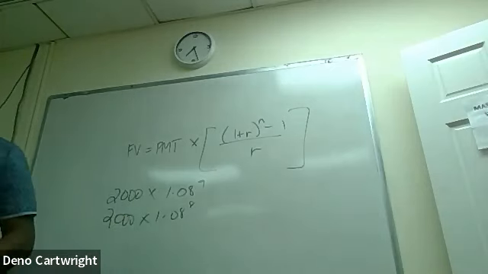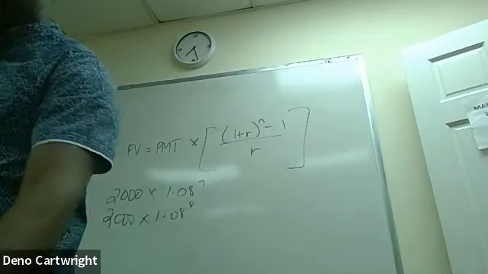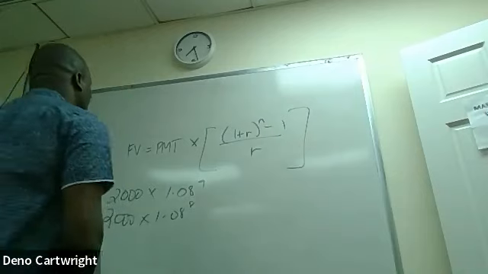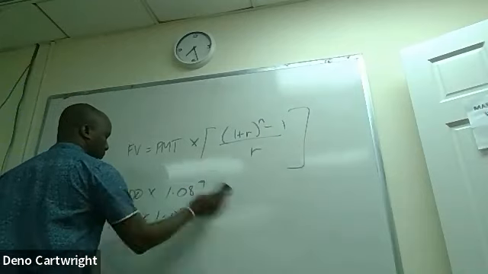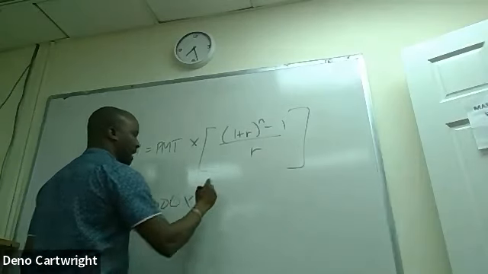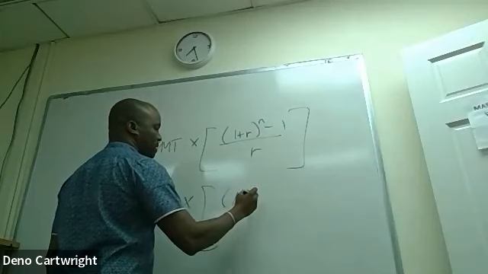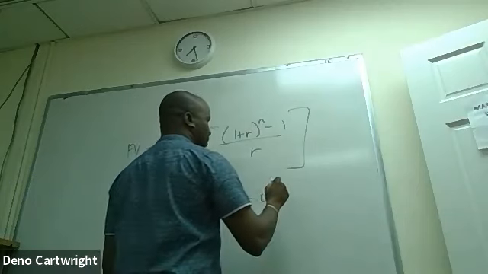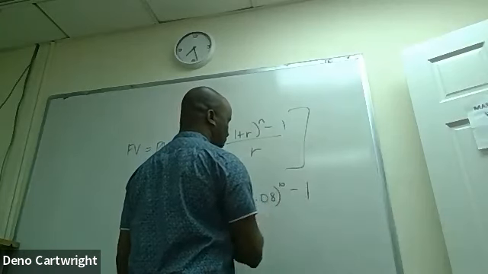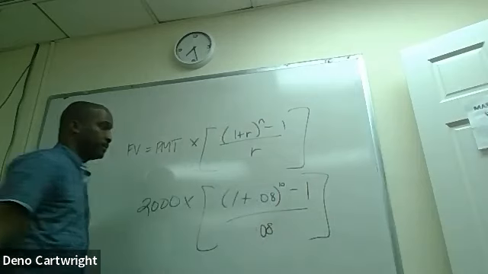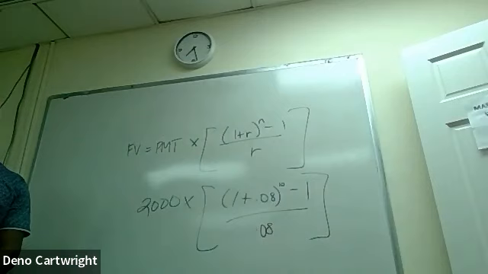So what happens is, you would take your payment, what's your payment? $2,000, multiplied by what? 1 plus 0.08 to the power of how many years? 10 years, minus 1, over 0.08. Okay, that's how you work it.